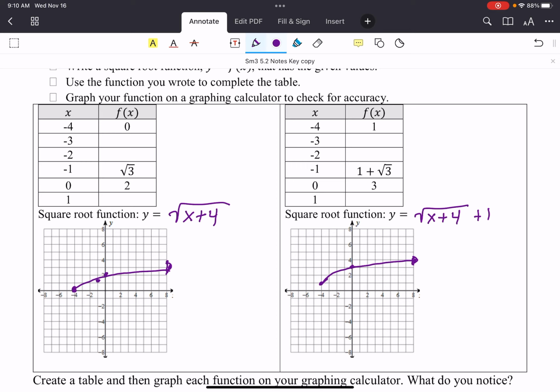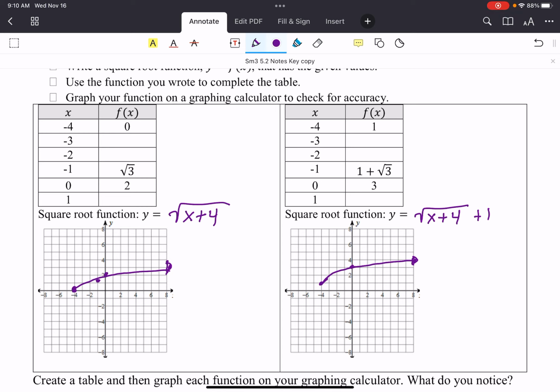I don't think so. When I graphed it using the points that they already gave us, it would look like this, right? And we can't have any negative y outputs. So no, it won't have an x-intercept.